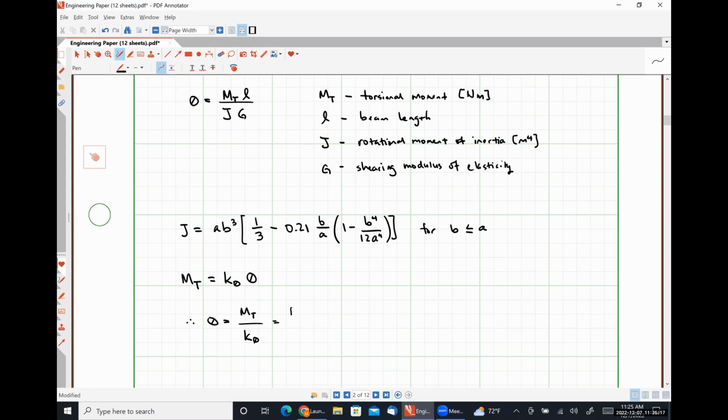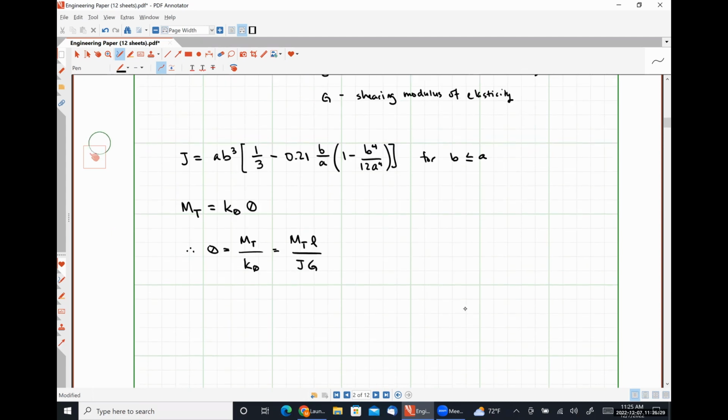And since our angular displacement is also equal to MTL over JG, we can see, actually, let me do it below here, that our torsional spring constant, K theta, is just JG over our beam length, or G times AB cubed over L, times 1/3 minus 0.21 B over A times 1 minus B to the 4th power over 12 A to the 4th, like so, where our rotational spring constant is measured in Newton meters, which is different than our linear spring constants, which are in newtons per meter.